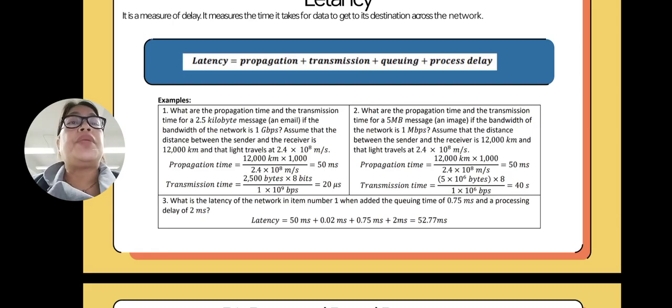What are the propagation time and transmission time for a 2.5 kilobyte message, an email, given the bandwidth of the network? Assume the distance between the sender and the receiver. That is the computation below.